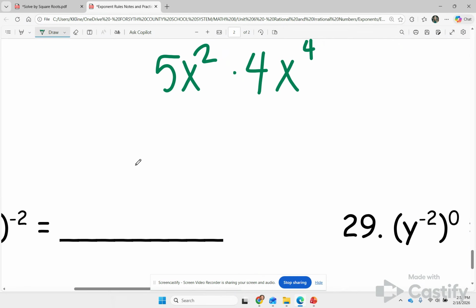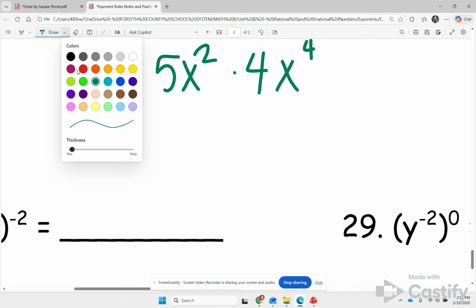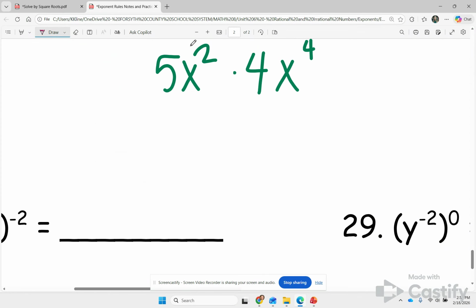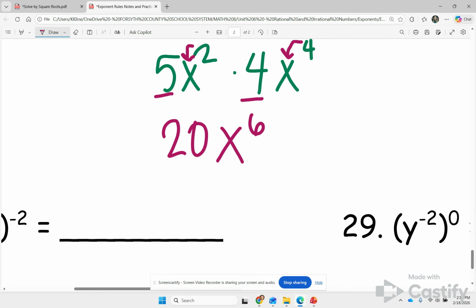Your base, remember, is always the letter right beside the exponent. So our base here is going to be our x because it's right beside the exponent. We keep our base of x. Add the exponents, 2 plus 4 is 6. But then I'm left with just this 5 times a 4. I actually multiply those, so I get a 20x, okay?